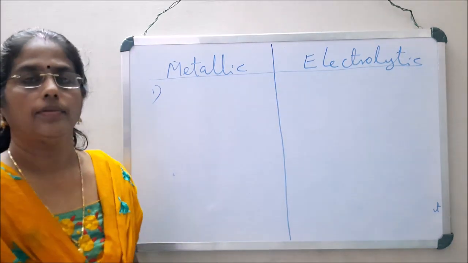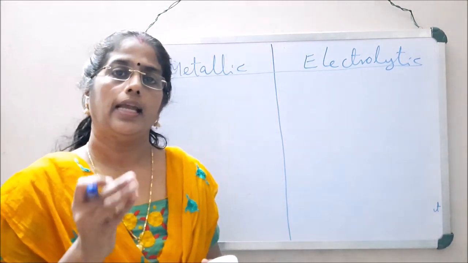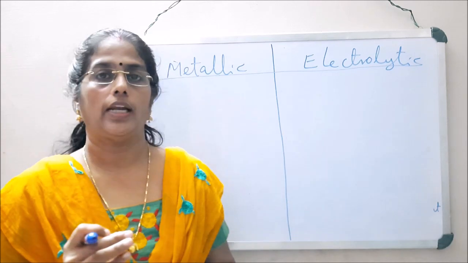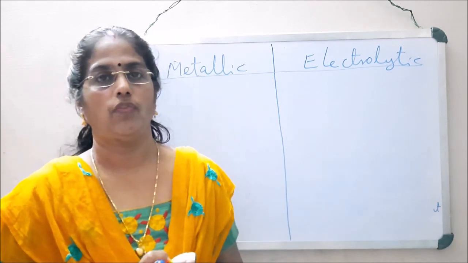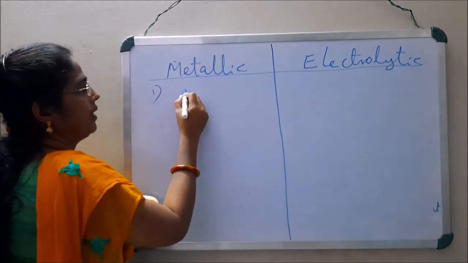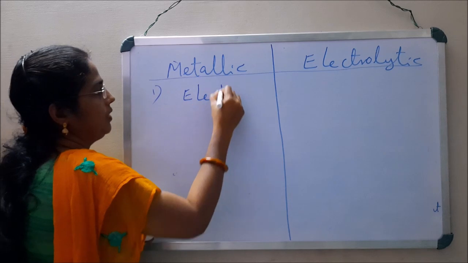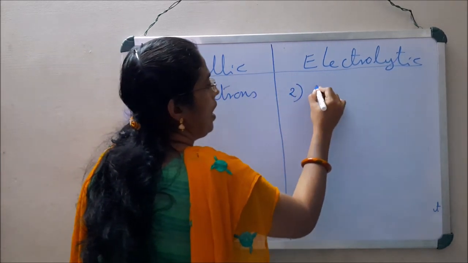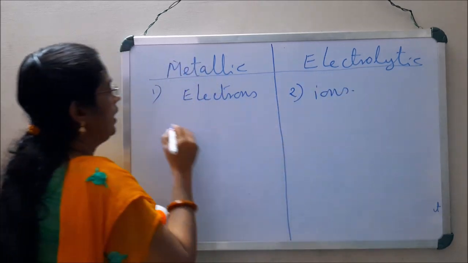First difference is that in the case of metals, electrons are the carriers of electricity. But in the case of electrolytes, ions are the carriers of electricity.